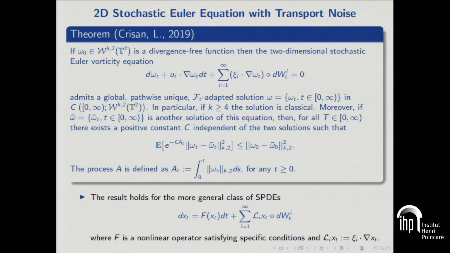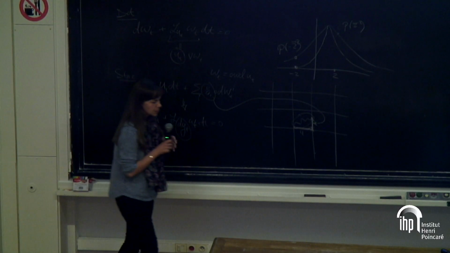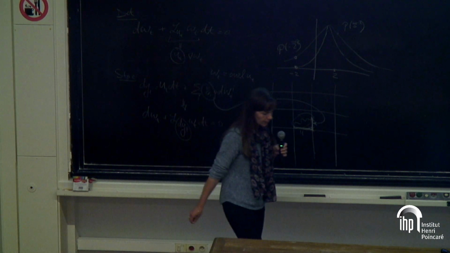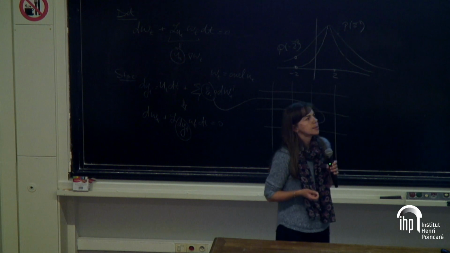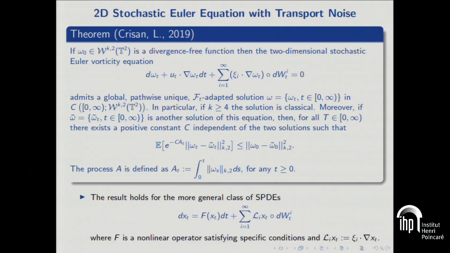Okay, so now we have here a result for the 2D stochastic Euler equation, which has been derived using this approach. And you see, this is basically this equation. We have shown that there is well-posedness in the Sobolev space W^{k,2}, that is the space of functions which are k times differentiable with their derivatives in L2.